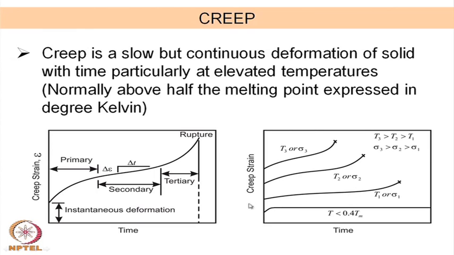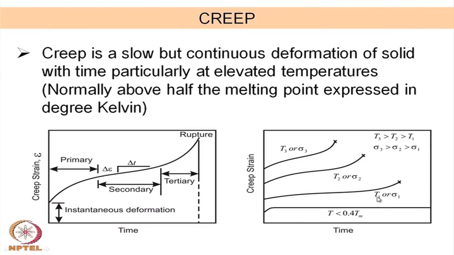So, the nature of the creep curve will also change. If the temperature T is less than 0.4 of Tm, the melting point, creep is negligible. There is hardly any increase in deformation as a function of time. So, there is a constant strain.